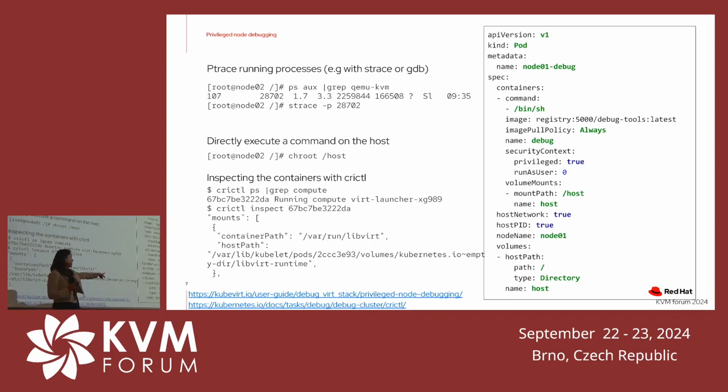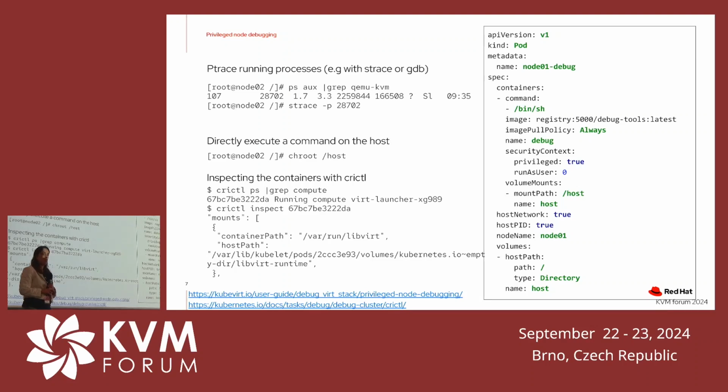Here on the left, you have an example, and you can see that I have set in the security context privileged equal true, and we are running as root. So by doing this, we are able to, again, get the QEMU process and maybe attach to it with strace and start looking at what QEMU does.